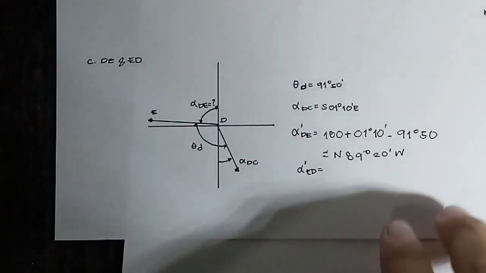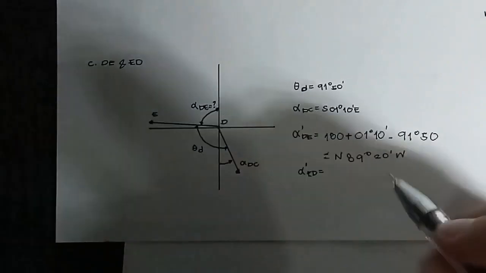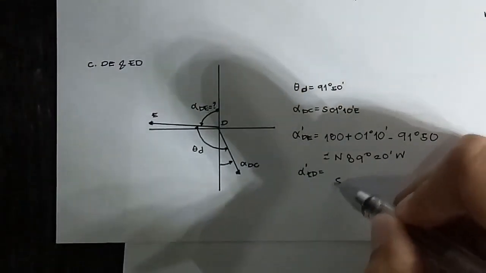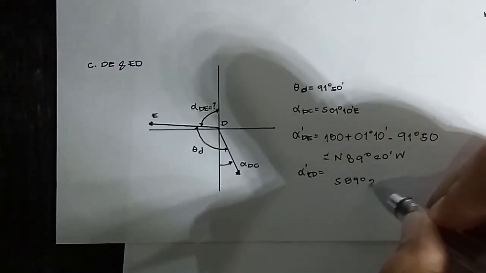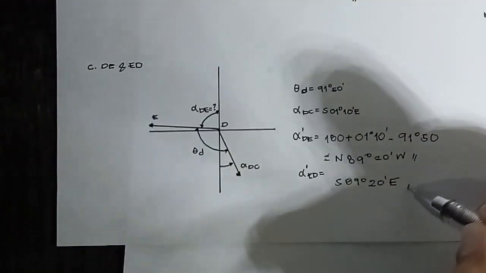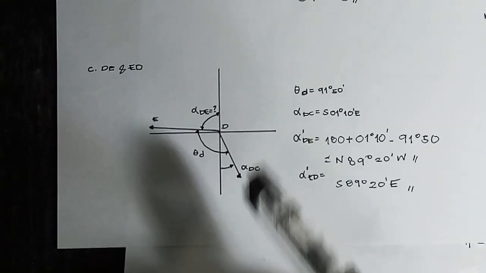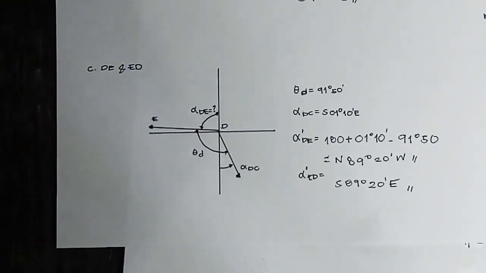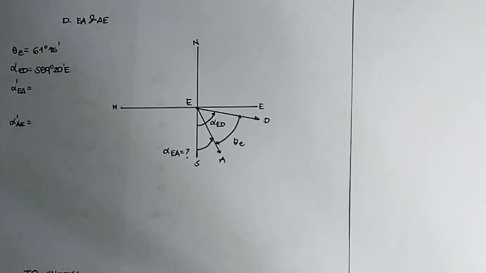Ayan na yung adjusted bearing ng DE natin. And yung adjusted bearing naman ng ED ay south 89 degrees and 20 minutes east. Yan yung adjusted bearings for DE and ED. Ayan. So, next naman is yung adjustment lines ng EA and AE.